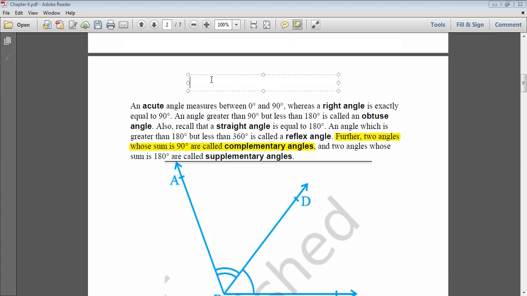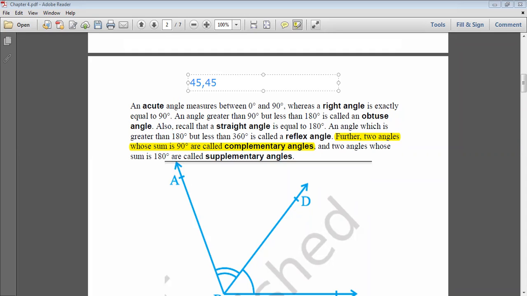Okay, I'll call a name. Arjun, can you tell me an example of a complementary angle? 45 and 45 degrees.